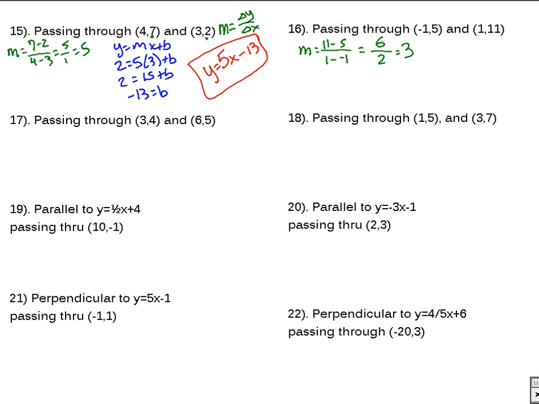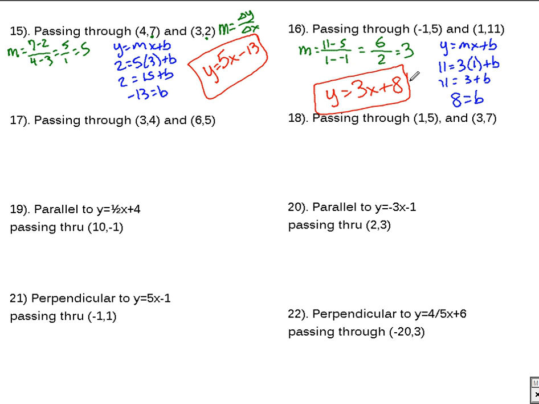When we do y equals mx plus b, again, it doesn't matter which one you use. I think the second one's easier because it doesn't have negatives to deal with. So 3 for m, 1 for x plus b, that becomes 3. Subtract 3 from both sides, 8 equals b, so your answer is y equals 3x plus 8.